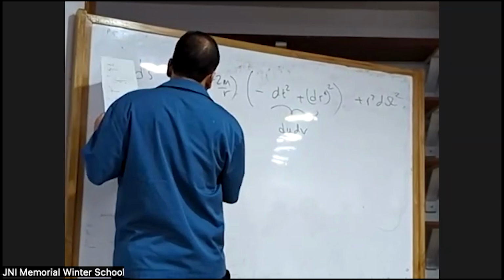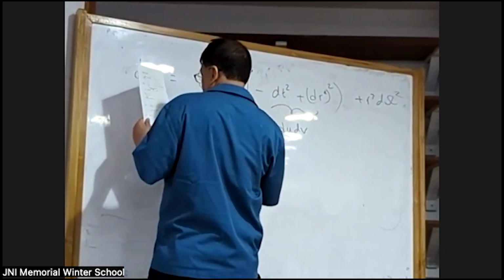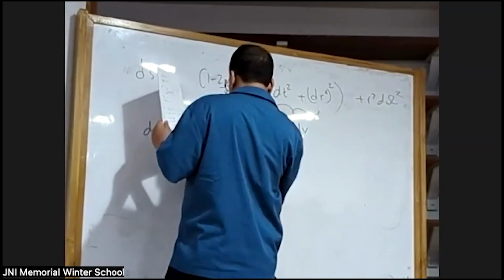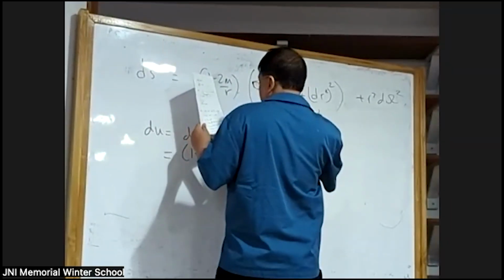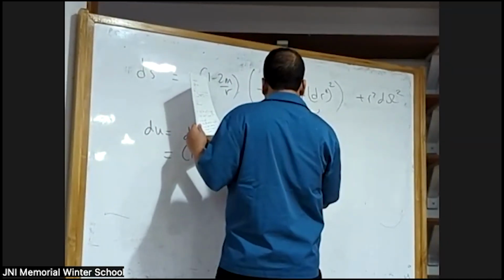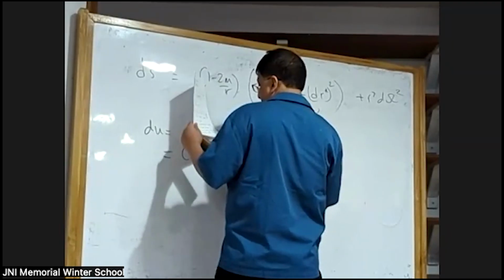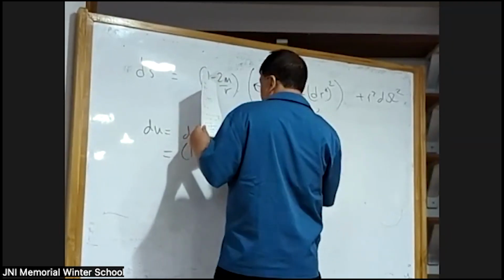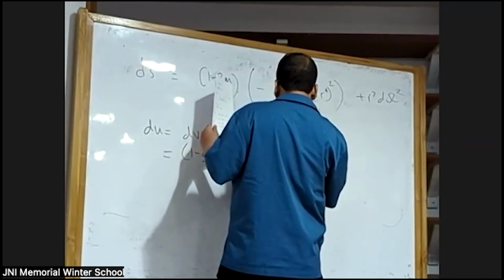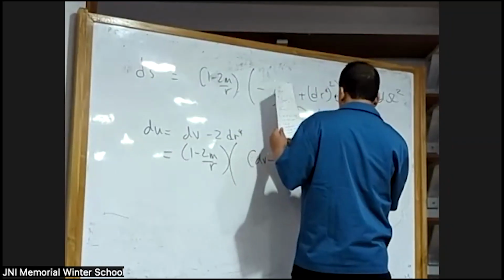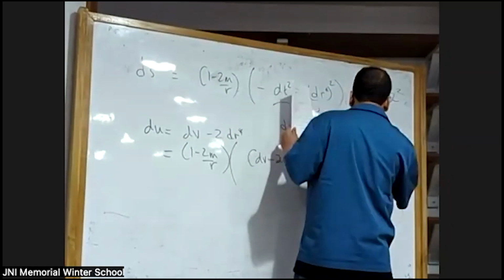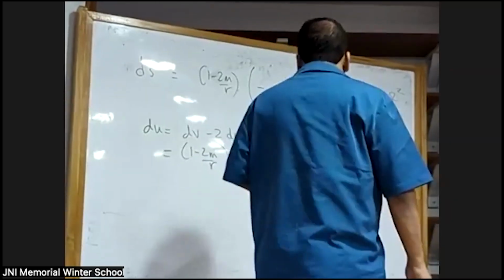Then this is equal to 1 minus 2m over r, times du dv. So I'll write here dv minus 2 dr star dv plus r squared d omega squared. Okay, fine.